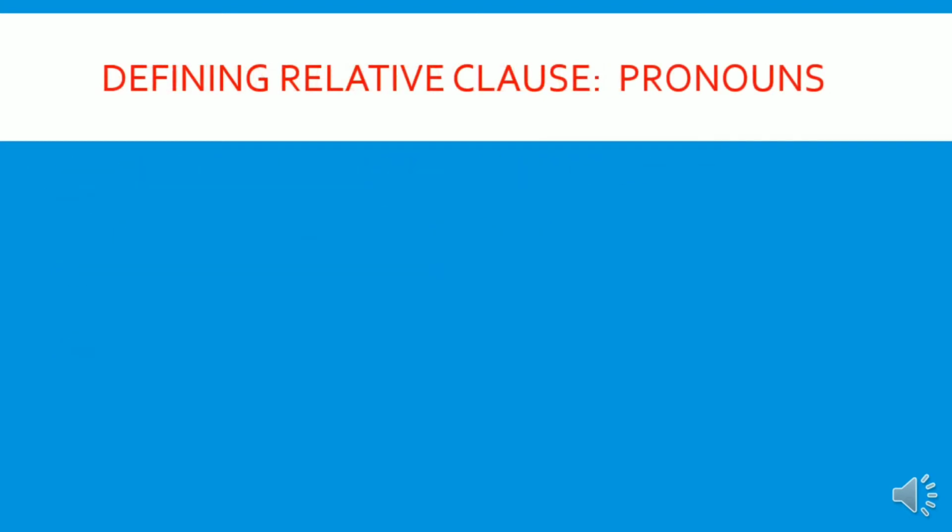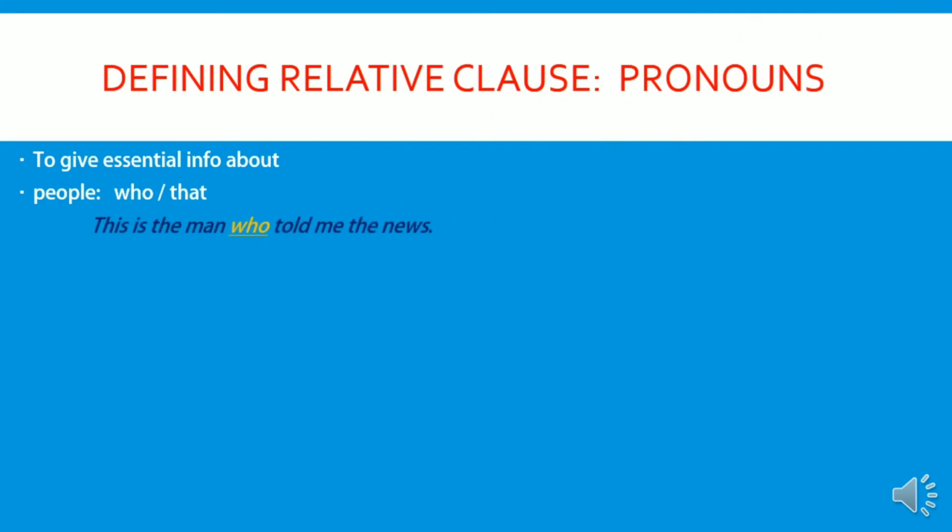Next. Define this clause, the pronoun. Give essential information. Nah, kalau kita mau refer atau memberikan informasi lebih lanjut tentang orang, the people, we use who or that. That is the man who told me the news.